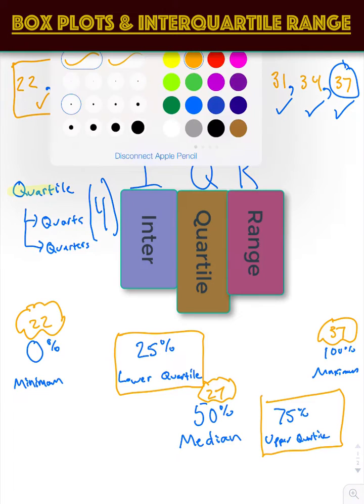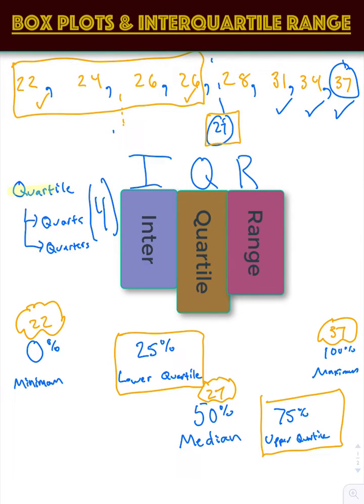When I think about what number is in between 24 and 26, I realize that my lower quartile is 25. So there are our numbers so far: the minimum of 22, lower quartile of 25, the median of 27, and the maximum of 37.